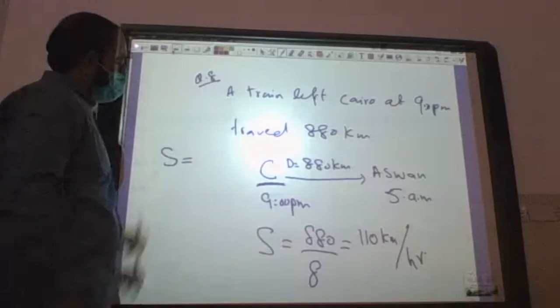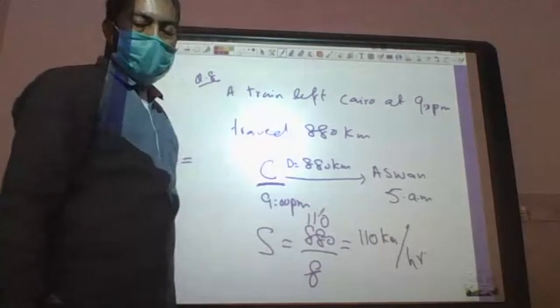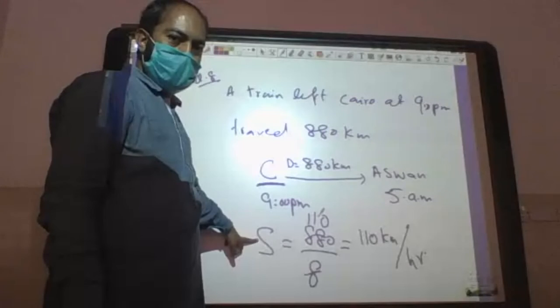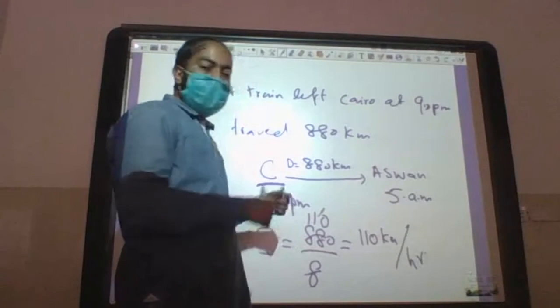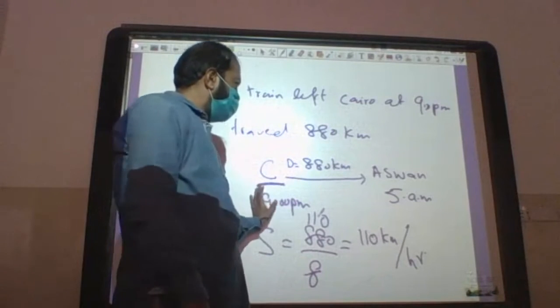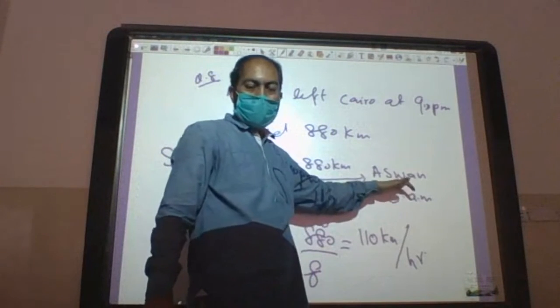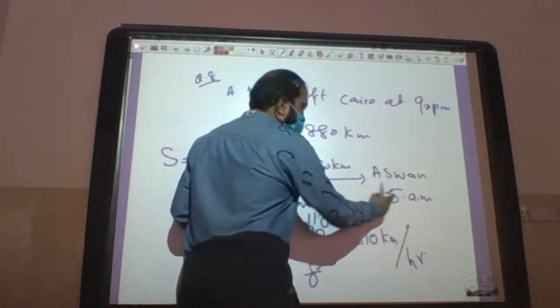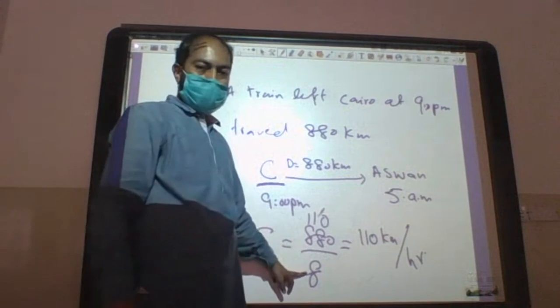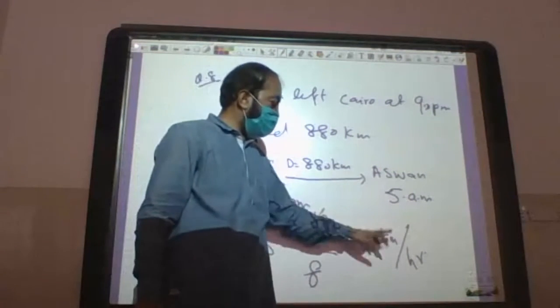Look, 9 p.m. We have to find the speed. Your distance covered is 880 kilometers, and your total time in hours: it started at 9 p.m. and the arrival time at the other station was 5. So total time from 9 to 5 in the morning is 8 hours. So 880 divided by 8 is 110 kilometers per hour.